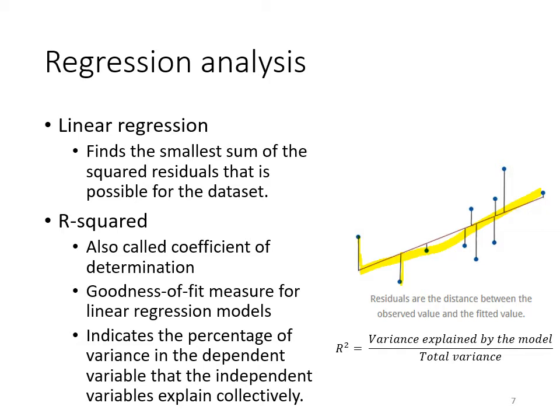So our independent variable is x, and our dependent variable is y. So it's the variance explained by the model divided by the total variance, and it's generally a fractional value.